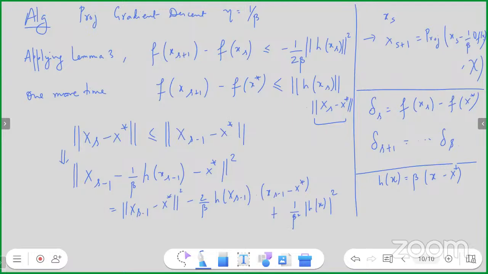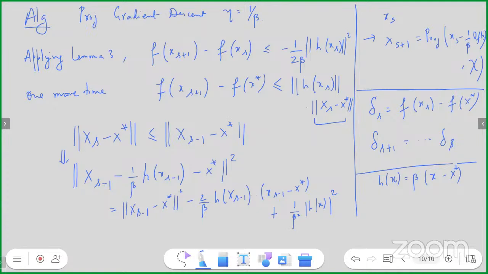There is an x star here and xs minus 1. What do we know about f of xs minus 1 and f of x star? By definition, x of s minus 1 is an inferior solution. So f of x of s minus 1 is greater than or equal to f of x star. So you just use that inequality by playing with x of s minus 1 and x star.